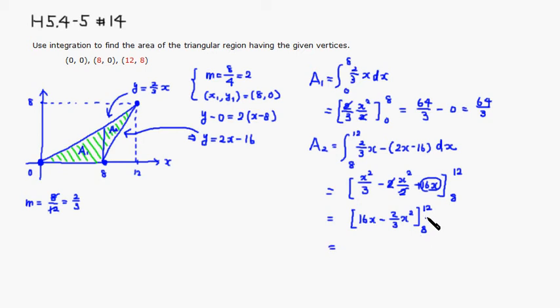Plug in 12. We have 16 times 12, which is 192, minus 2/3 times 12 times 12, which is 144.